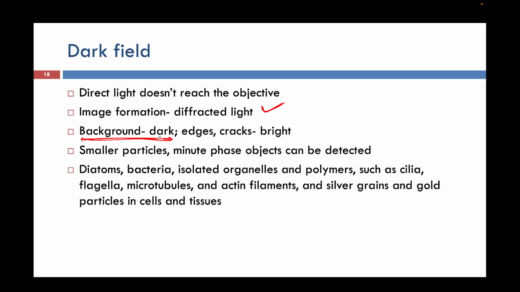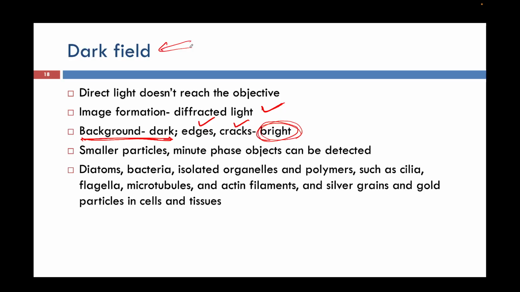Due to that, the edges and cracks present in the sample will appear bright. In a bright field microscope, you will not be able to see an edge or a crack; to see those, you have to switch to dark field mode.